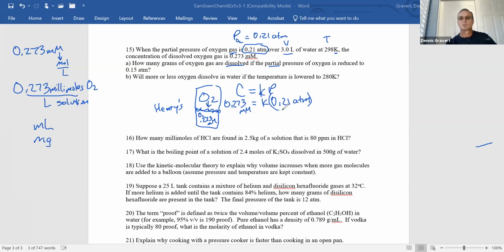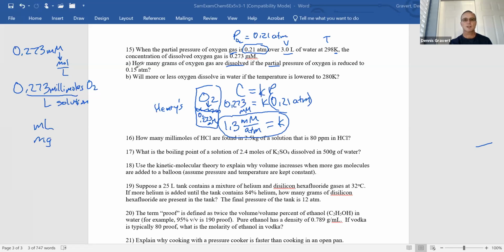So divide both sides by 0.21 atmospheres, and the K is going to equal 0.273 divided by 0.21, 1.3. And the units: the millimoles are over here, and I divided by atmospheres. So that's my K.